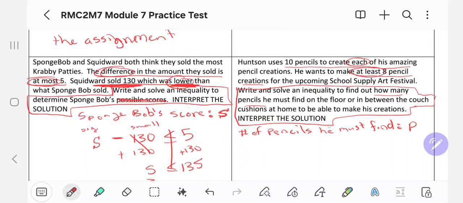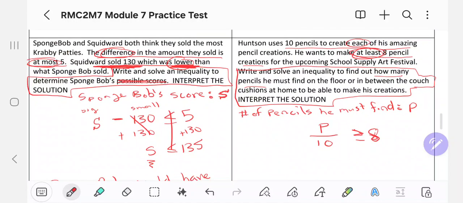Let's do that inequality word, at least. So that's greater than or equal to 8. And what is going to make those 8 groups? Well, if we take the total number of pencils and we're splitting into groups of 10, that's a division idea.